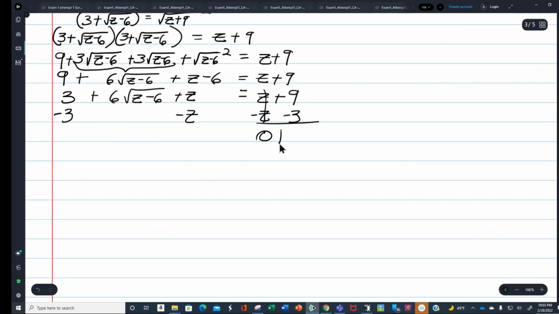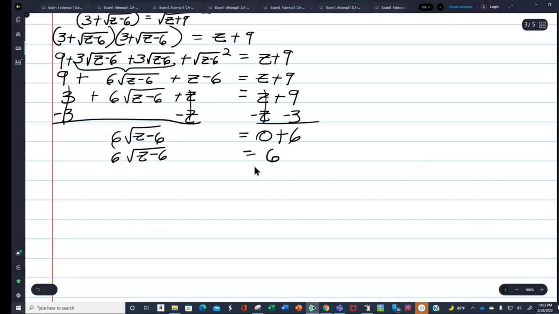9 minus 3 is 6. That's what I'll have over on the right. Meanwhile, over on the left, 3 minus 3 is 0, z minus z is 0. I'll have 6 times the square root of z minus 6. Oh my goodness, and look, I'll have 6 times the square root of z minus 6 equals 0 plus 6 is 6.